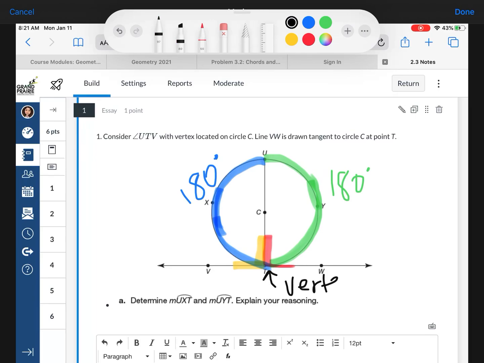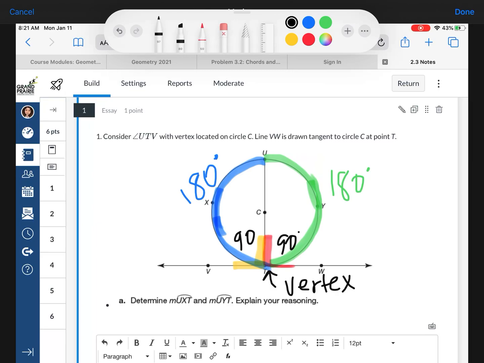So these are inscribed angles, and remember the inscribed angles are half of its intercepted arc. And you can see that the intercepted arcs are those blue and green arcs. And so what's half of 180? If you said 90, that is correct. So both of these angles would be 90 degrees.